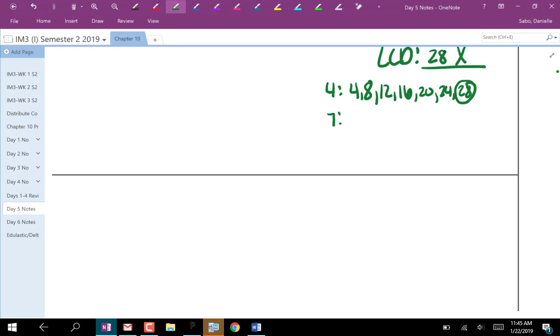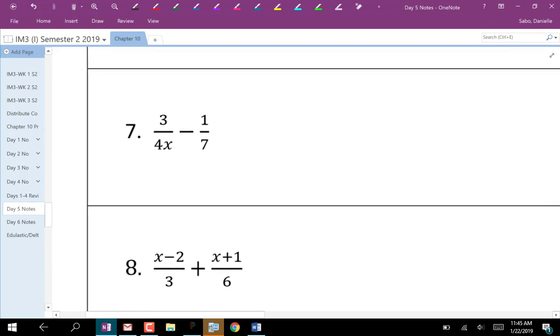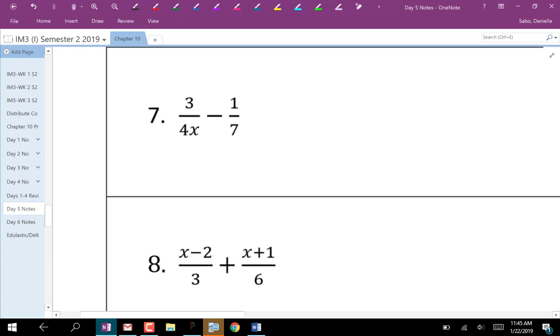Okay? So 4 times 7 gets me 28, and because you could divide both of them into 28, that's going to be your LCD. So you're looking for a 28x. Well, if you look at the very first one, it already has an x, so we're good to go. So what do I have to multiply the top and bottom by to get 28? What number?